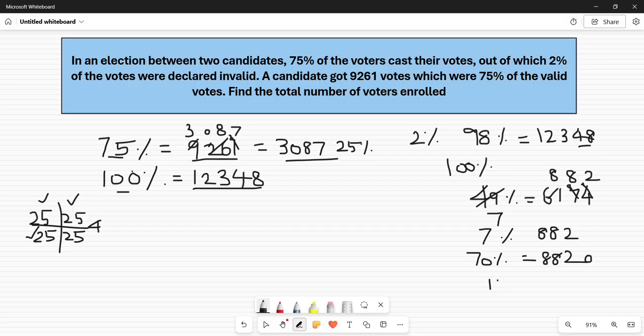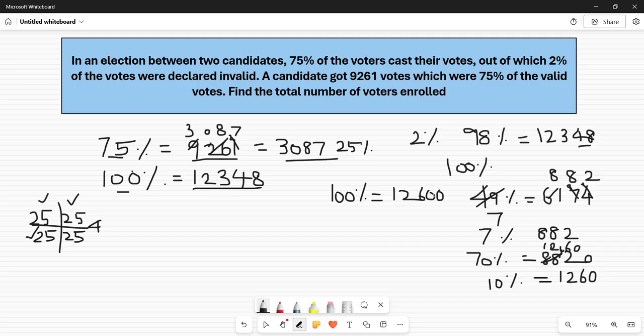So your 10% is 1 7 is 7, 2 sevens are 14, 6 sevens are 42, 0. So your 10% is 1260. So 100% is 12,600.